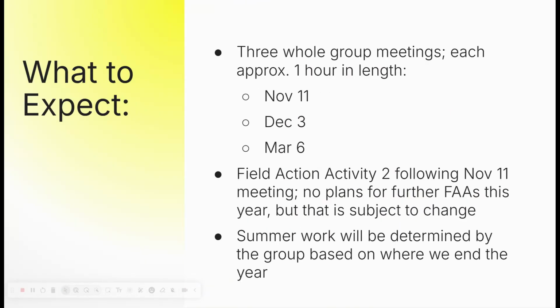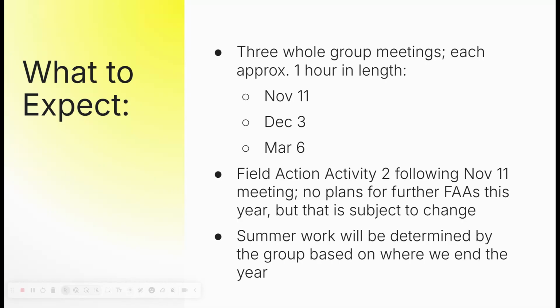Over the course of the year, we will meet as CAT teams 3 times. Each of those meetings will be approximately 1 hour in length. Because we are limited in our meeting time, there are 2 different activities that I'm going to ask you to do in between those meetings. The first I will introduce to you today, that I'm asking you complete prior to our first meeting on November 11th.